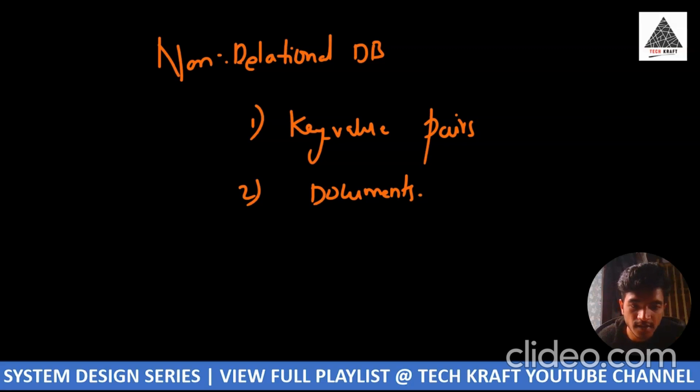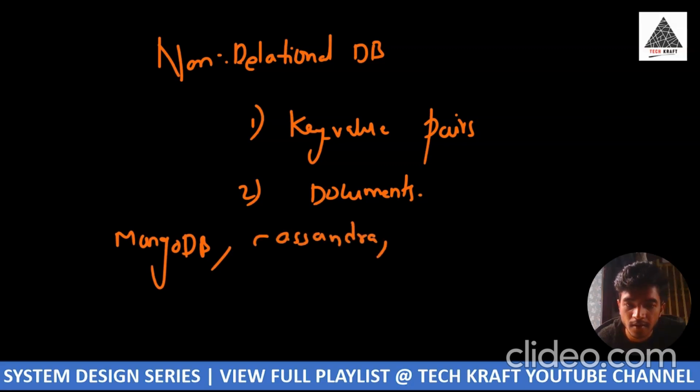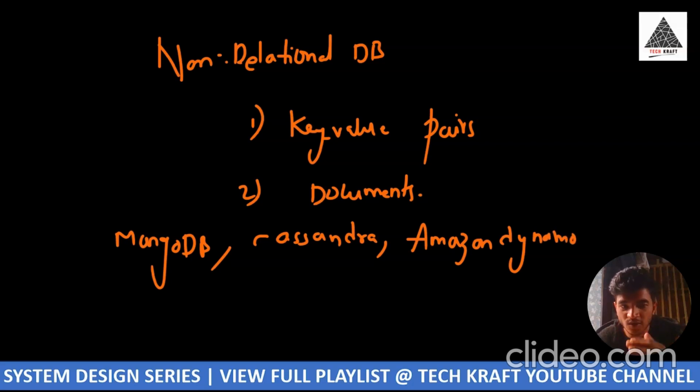Examples of non-relational databases are MongoDB, Cassandra, and Amazon Dynamo. Actually these are not databases, these are database management systems. I will tell you the difference between a database and a database management system, just wait a few minutes. MongoDB, Cassandra, Amazon Dynamo are the database management systems.